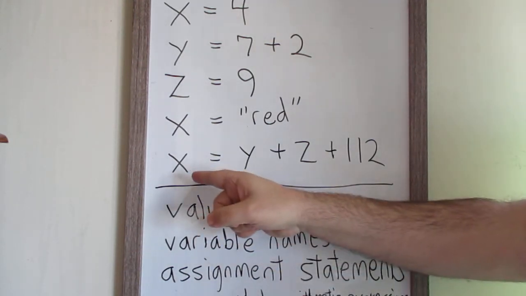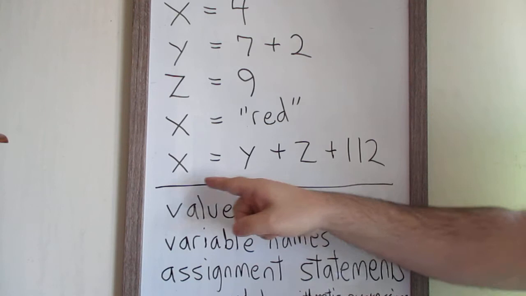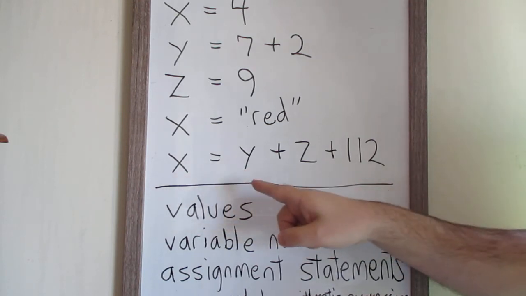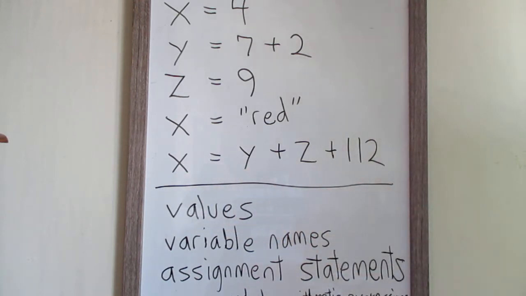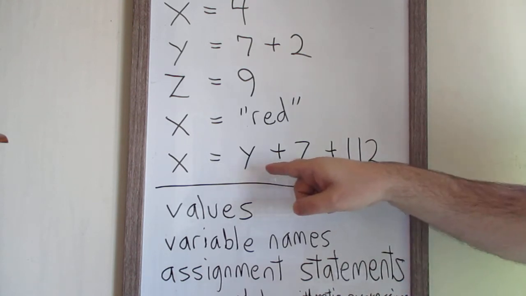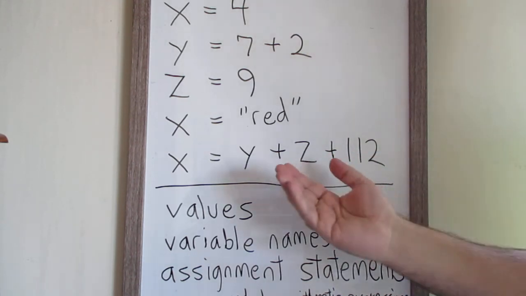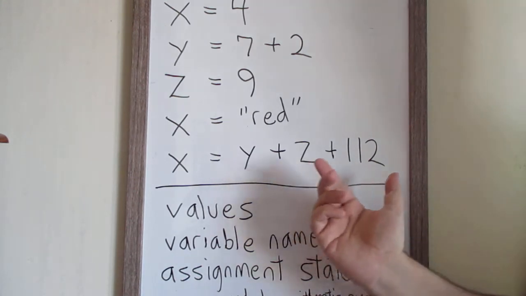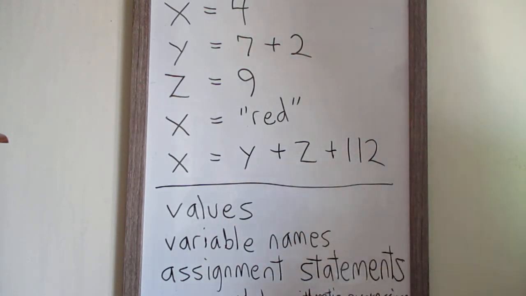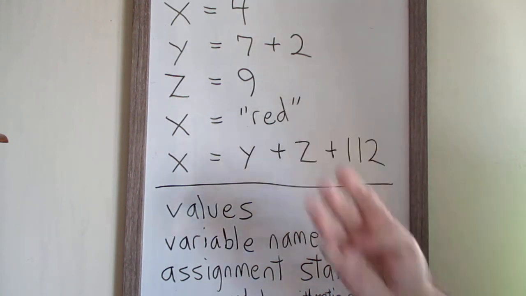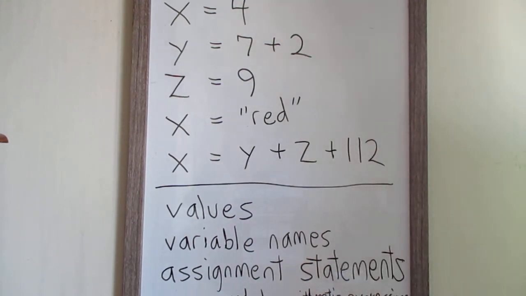And finally, after the 5th assignment statement, the variable x now refers to the value 130. This is an arithmetic expression. An arithmetic expression has many pieces but computes to a single value. You evaluate it into one single value.